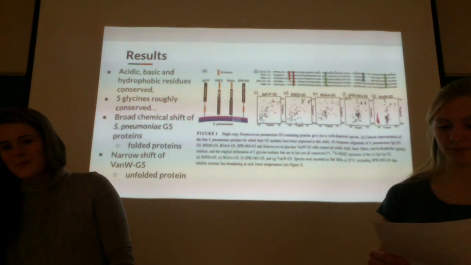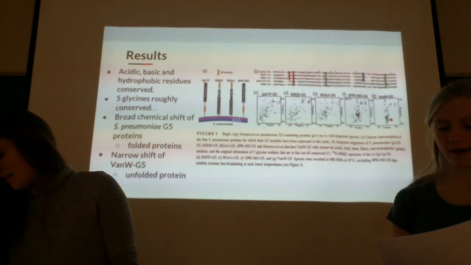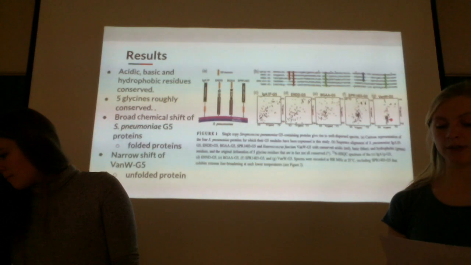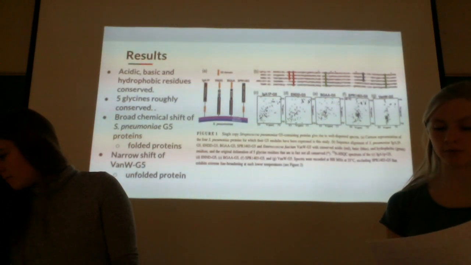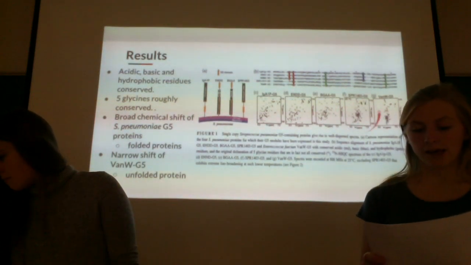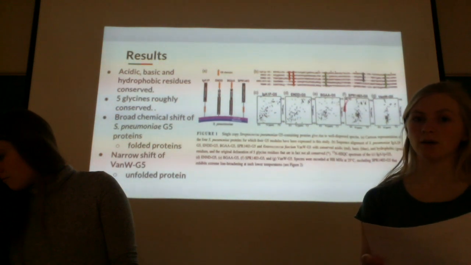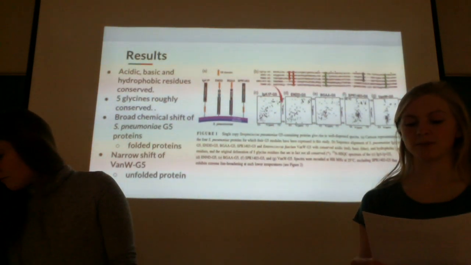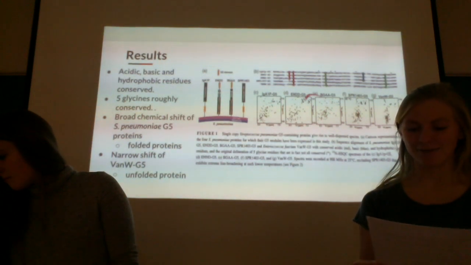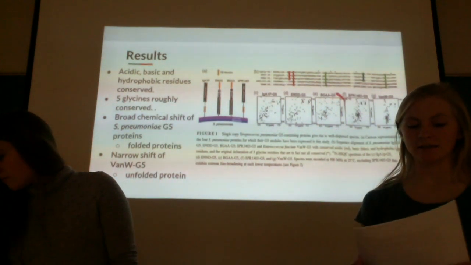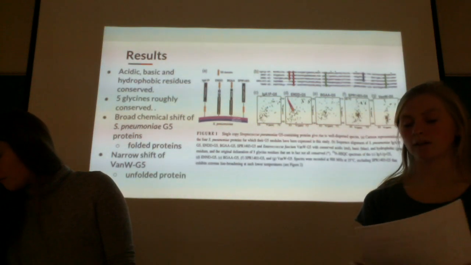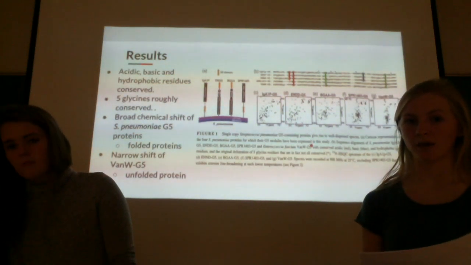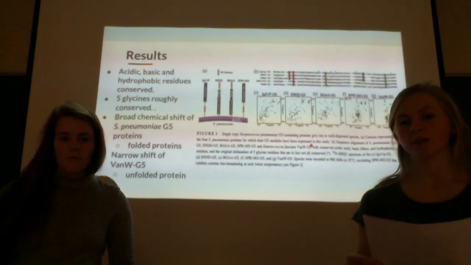They also noted that the SPR1403 G5 is especially prone to self-association. The IgA1P G5 and BGAA G5 moderately self-associate, and ENDD G5 does not self-associate, which is important for the next steps of the experiment.